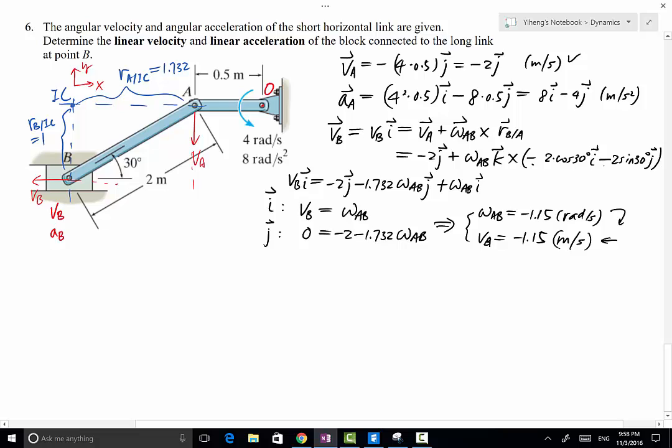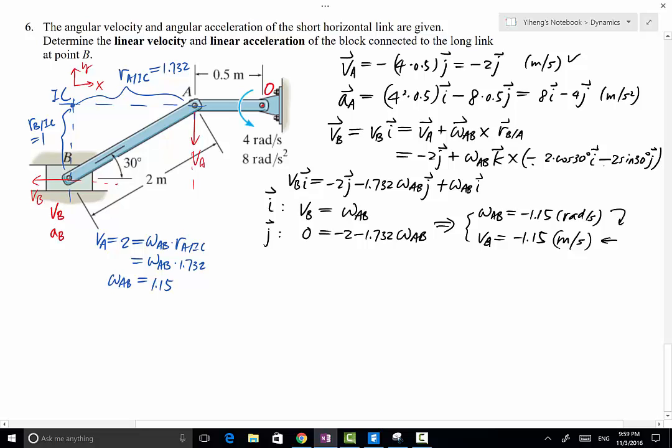Therefore, VA equals, from the previous step, using scalar only, omega AB RA relative to IC, which equals omega AB times 1.732. So from here, you can solve for omega AB to be 2 divided by 1.732, which is also 1.15 radian per second.